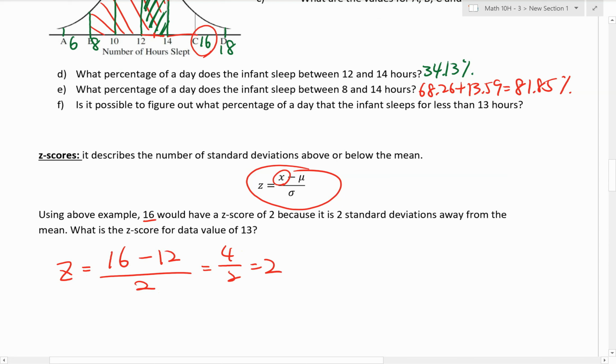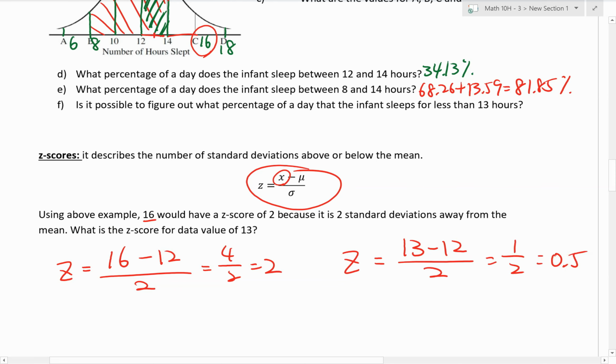Going back to F, the question here is, what is the Z-score for a data value of 13? For 13, the Z-score is going to be 13 minus 12, that's the mean, divided by sigma, which is 2. This is 1 out of 2, or 0.5.